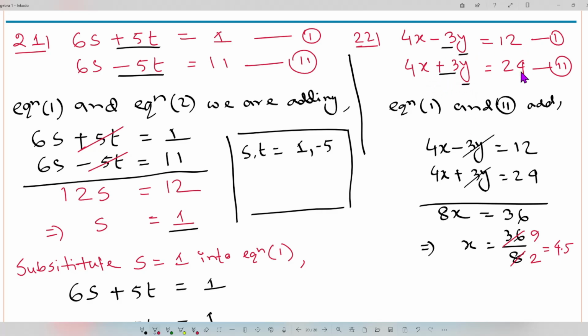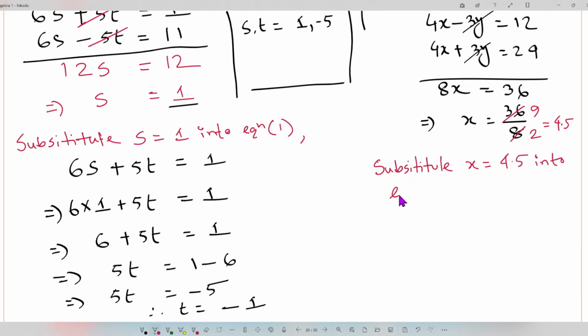So this 4.5 we can put into equation 1 or 2. We can put it into equation 2. So we can write, substitute x equals 4.5 into equation 2, which is 4x plus 3y equals 24.